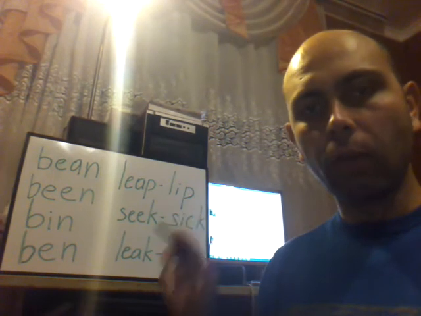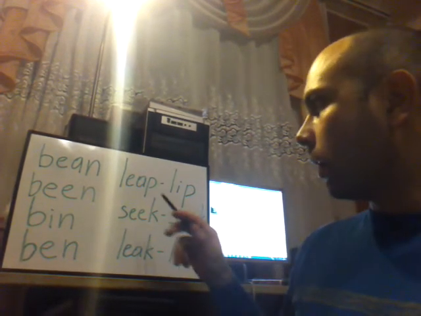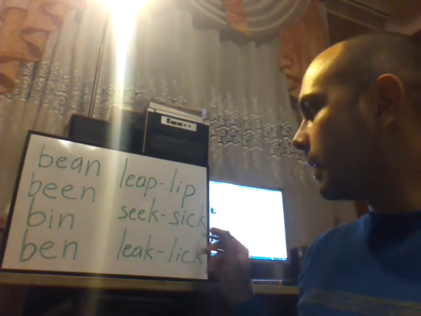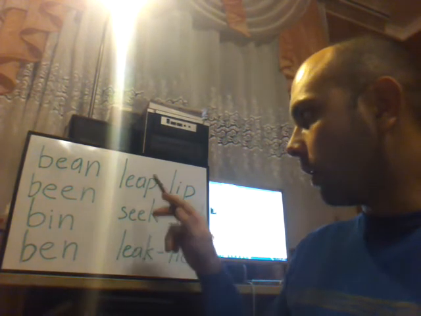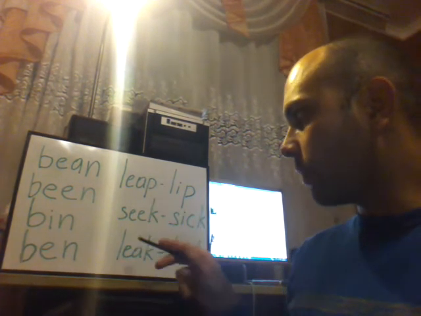But let's just take these words that I put here on the whiteboard. So these are words leap, lip, seek, sick, or leak, lick. In these three words, we pronounce the E sound.